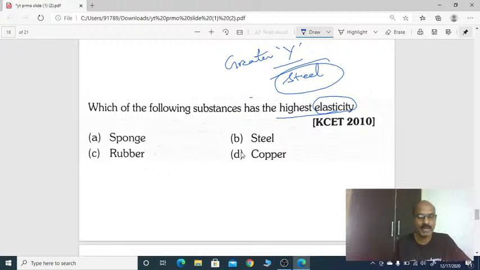The greater the value of Young modulus of a substance, the higher is the elasticity. Out of these 4 substances, the Young modulus value is more for steel. So the substance with greater Young modulus will have greater elasticity. So option B is correct.